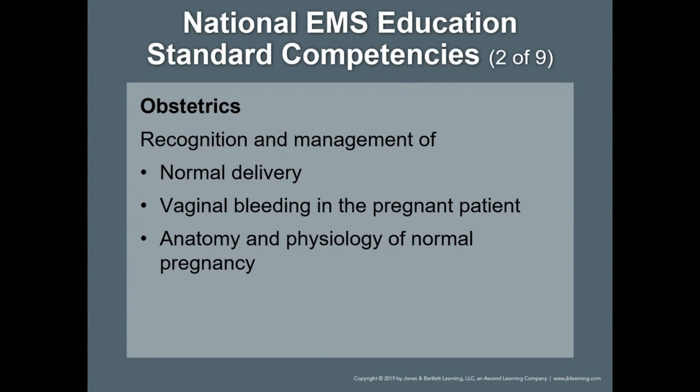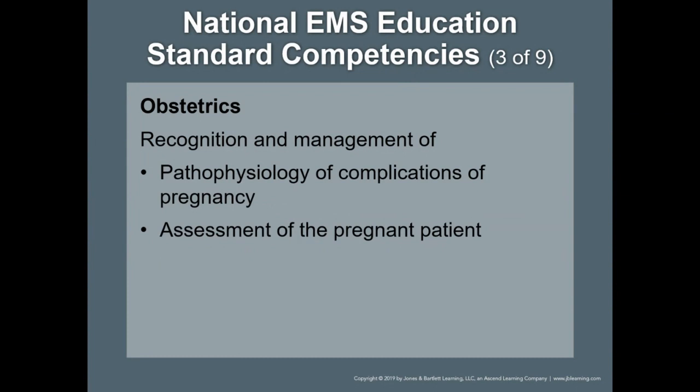So when we're looking at obstetrics, we are looking at recognition and management of normal deliveries. We're going to be looking at pregnant women when they have vaginal bleeding and the anatomy and physiology of normal pregnancy. And when we say normal, we're talking textbook normal because each patient's normal may be different.